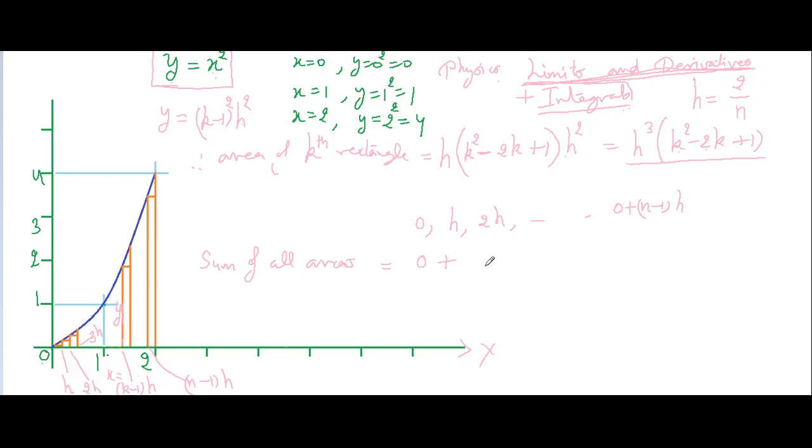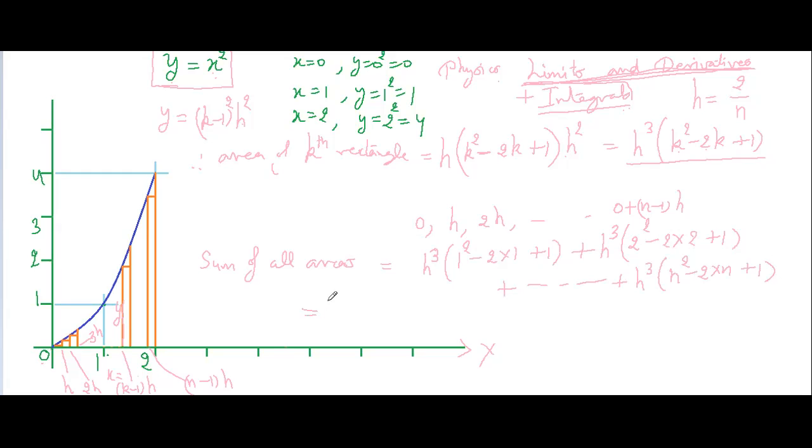You can write this way: first term as h cube into 1 square minus 2 times 1 plus 1. For the second term, h cube is same, 2 square minus 2 times 2 plus 1, and so on. Last term will be h cube into, k will be n, so n square minus 2 times n plus 1.